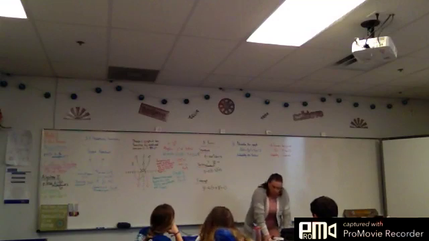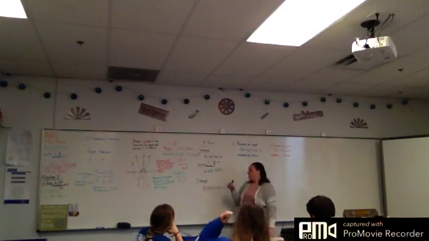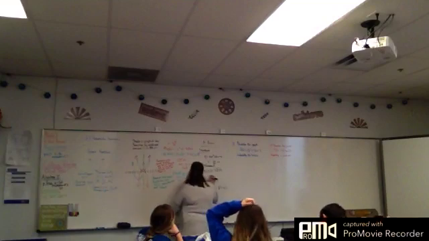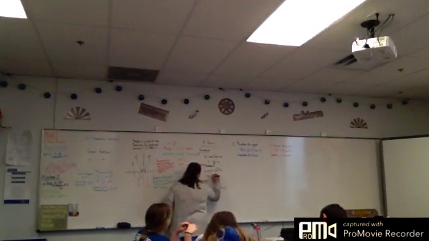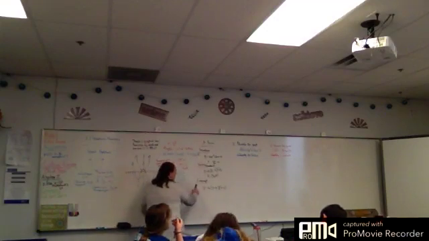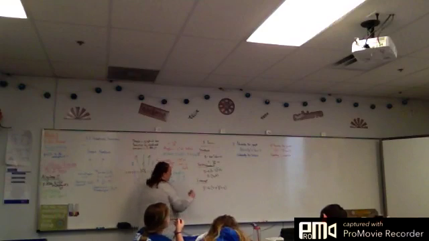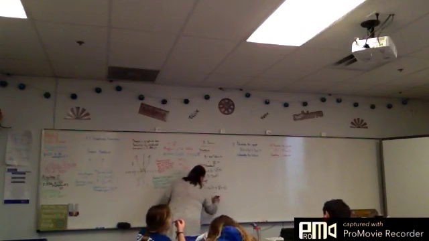How did you find the vertex? For vertex form, the vertex is given to me. It's the opposite of this, so it's h, and then k stays the same. Down here, you get the vertex by taking p plus q over 2.